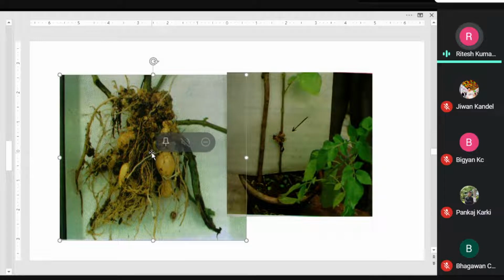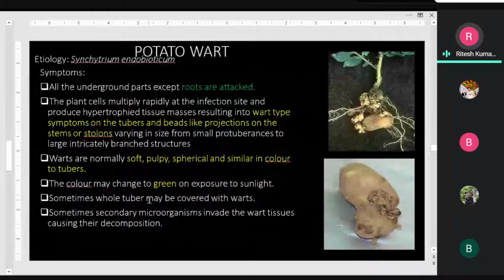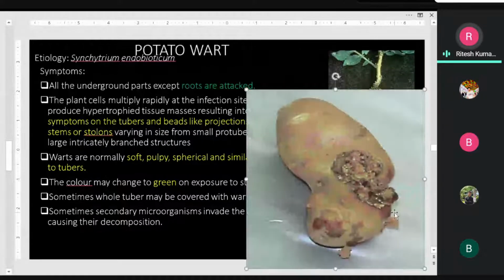Initially, they may be just bead-like, and they will gradually enlarge, and they may give some kind of cauliflower-like effect when they develop.